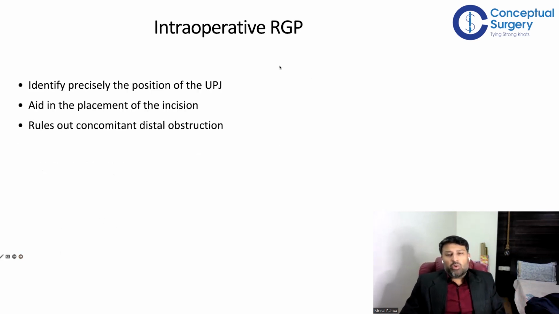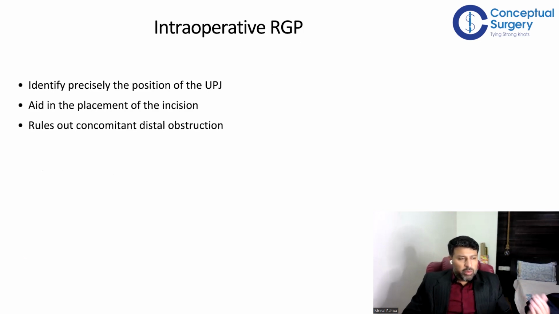So we normally do a retrograde pyelogram (RGP) before proceeding with the surgery. In the same sitting, we first do an RGP to identify precisely the position of the UPJ, because sometimes there may be a high insertion of the ureter, in which case the UPJ is shifted upwards, or it may be very low down because of an excessive redundant pelvis.